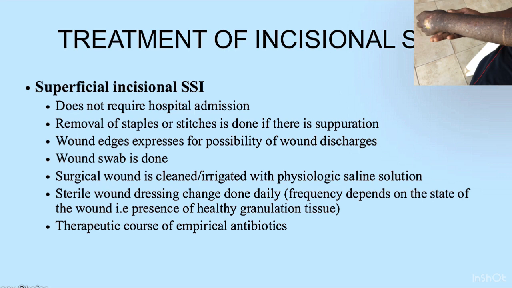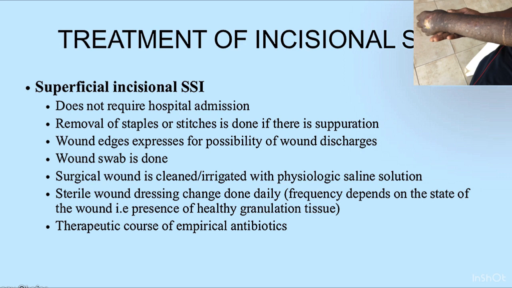Surgeons can just remove the staples or the stitches if there's any suppuration. Then wound edges are expressed for possible wound discharge, and a wound swab can be done in order to isolate an organism. And then the surgical wound is cleaned or irrigated copiously with physiologic saline solution.